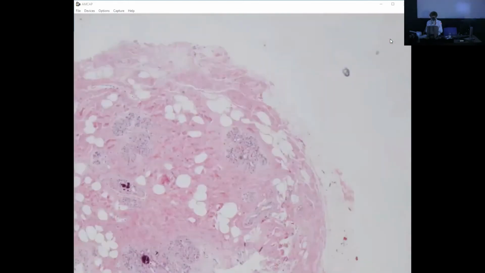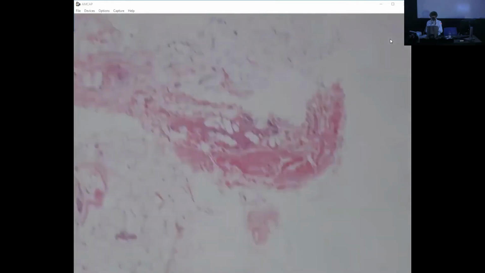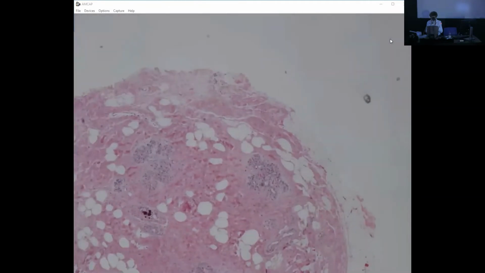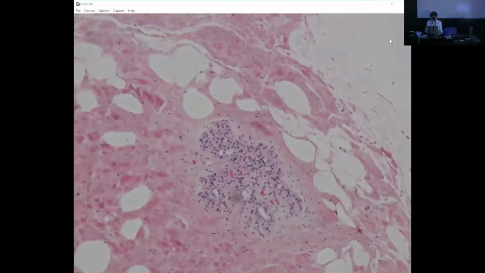What do you think about those areas? Is there lobular neoplasia here? At low power, we see these acini are filled, right? What do you think? Is it lobular or not?